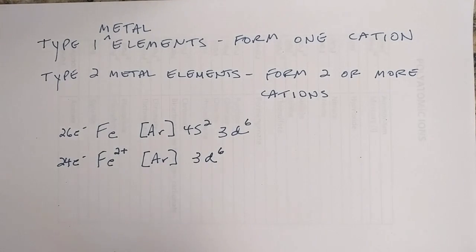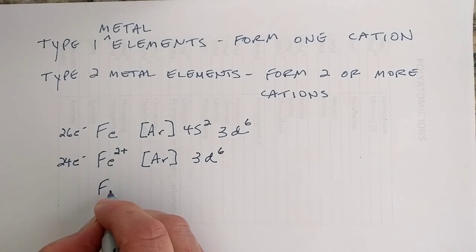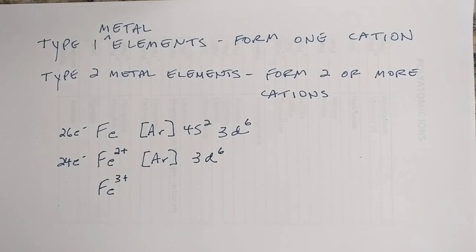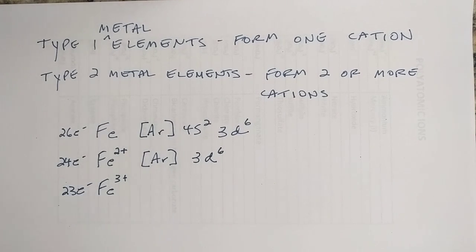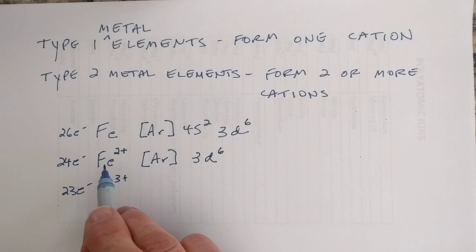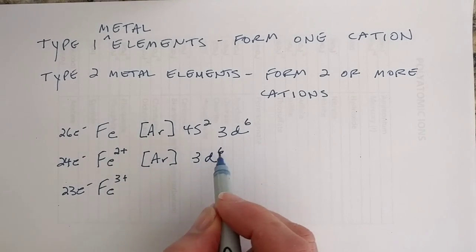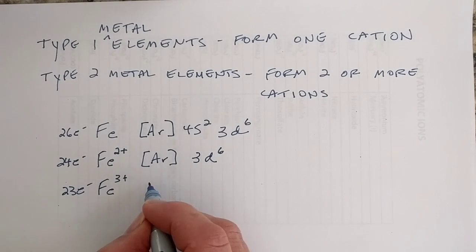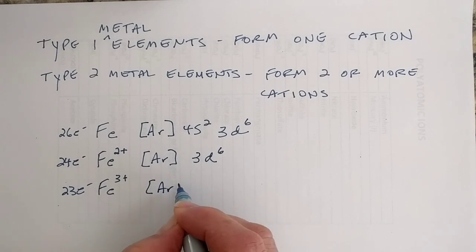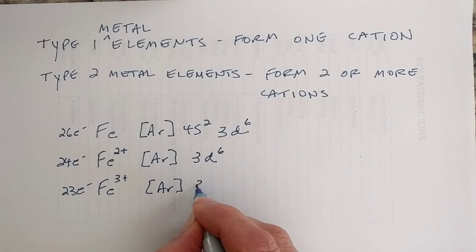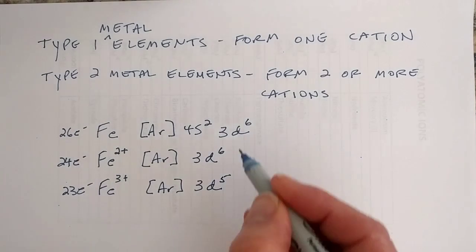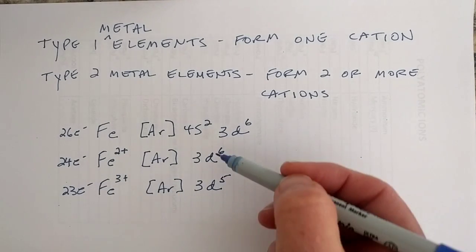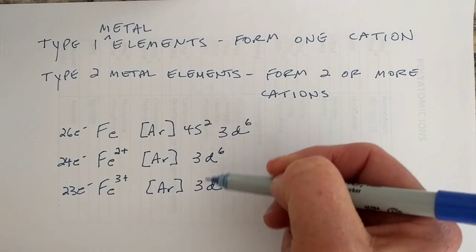Now, in some compounds, iron becomes a 3+ ion with only 23 electrons. So it has one less than this ion. So now it takes an electron from the 3d. So our electron configuration is argon 3d5. As for the names, we have to distinguish between these two ions because they are not the same.